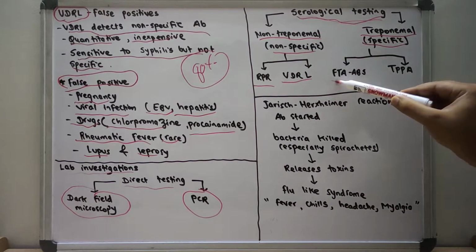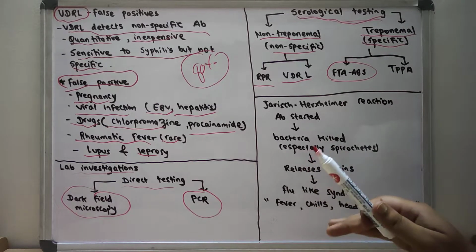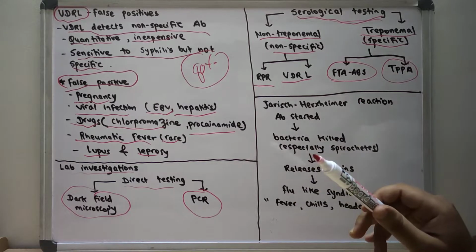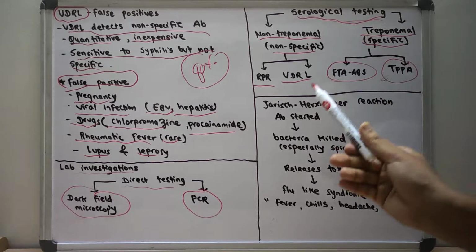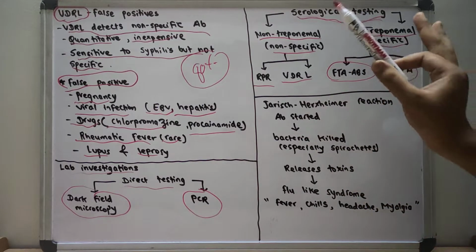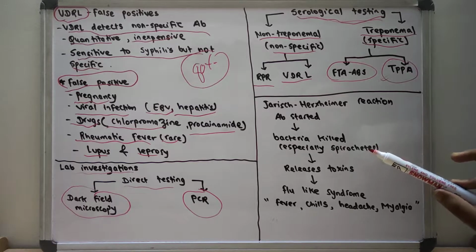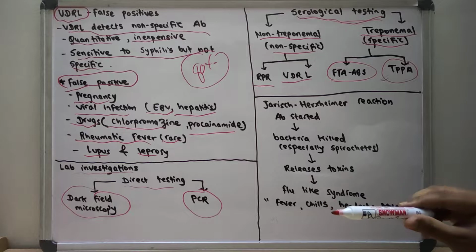The treponemal tests are FTA, fluorescent treponemal antibody, and TPPA, Treponema pallidum particle agglutination test. So the RPR and VDRL are the non-specific, non-treponemal serological tests, and FTA and TPPA are the specific treponemal serological tests.